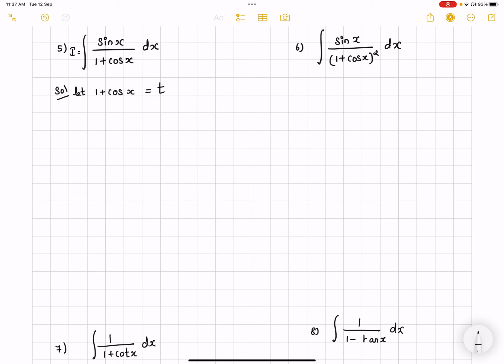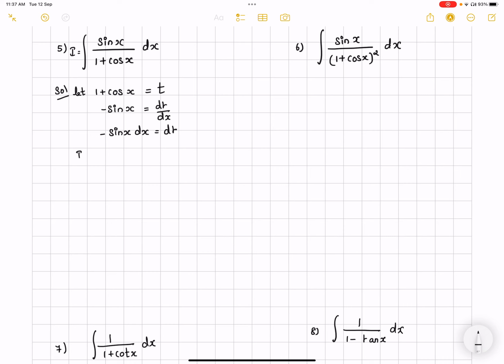Then in that case, when I differentiate both the sides with respect to x, 1 becomes 0, and cos x when I differentiate, I would be getting minus sin x, is equal to dt by dx. So that means minus sin x dx is going to be equal to dt. Okay. So now here the negative is not there, so it's going to be minus dt.